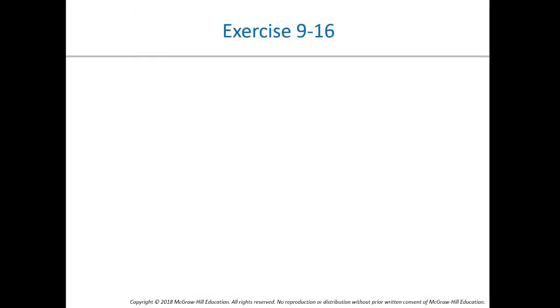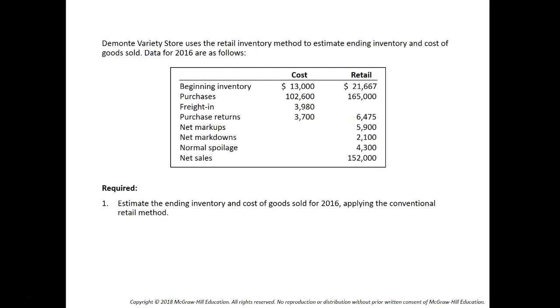Next, exercise 916. DeMont Variety Store uses the retail inventory method to estimate ending inventory and cost of goods sold. Data for 2016 are as follows. We've got beginning inventory, cost of $13,000, retail of $21,667.